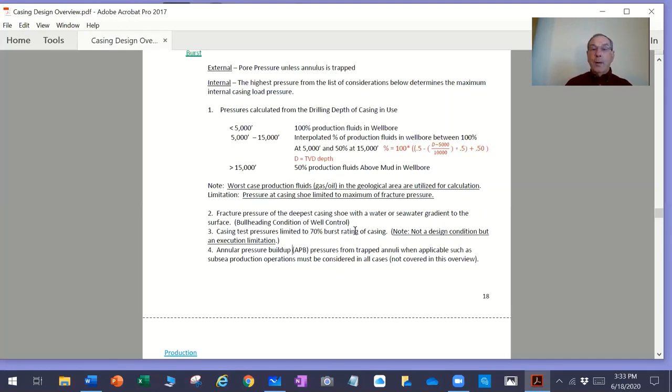Annular pressure buildup: pressures from trapped annuli, when applicable, such as in subsea production operations, must be considered in all cases, not covered in this overview.